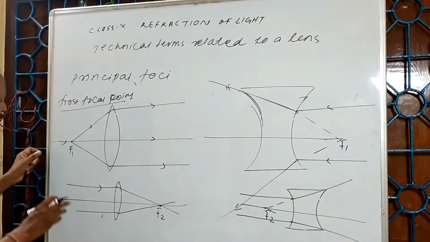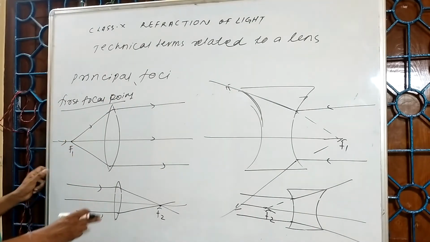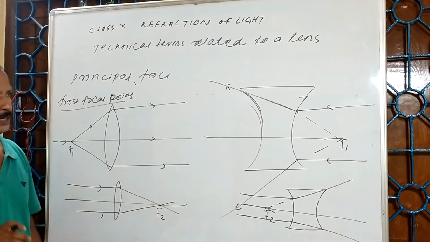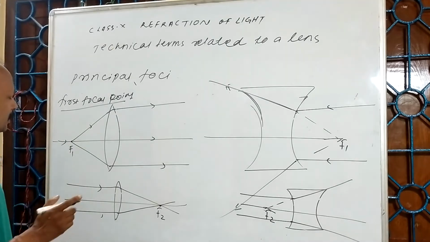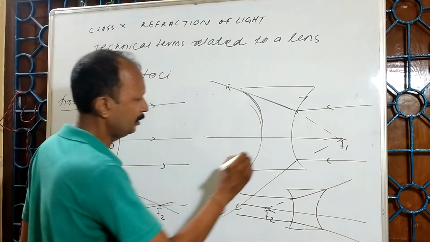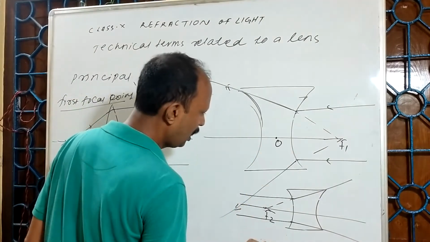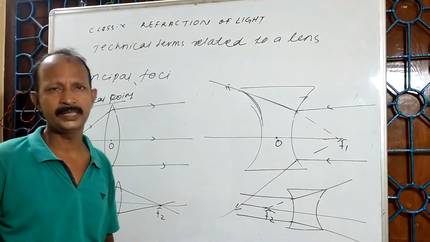Here is the first focal point in the biconvex lens and second focal point in the biconvex lens. And this middle point, as I already said, is the optic center.